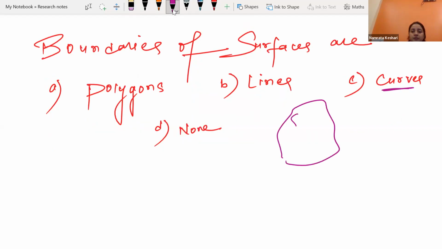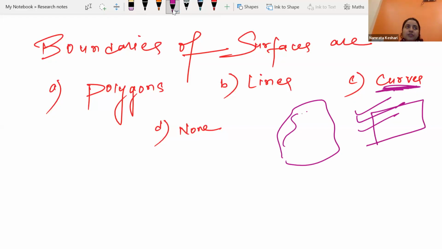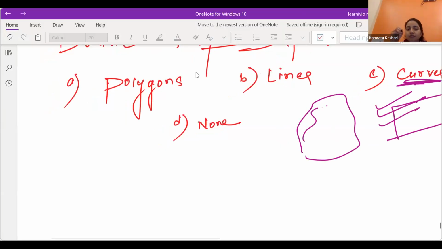Basically, any surface is made up of curves. So what about this surface, the rectangle? See, curve means, have you learned the concept of a simple curve in the previous class, and what is the definition of a curve? Curve means whatever shape you can draw without lifting our pen, that's a curve.